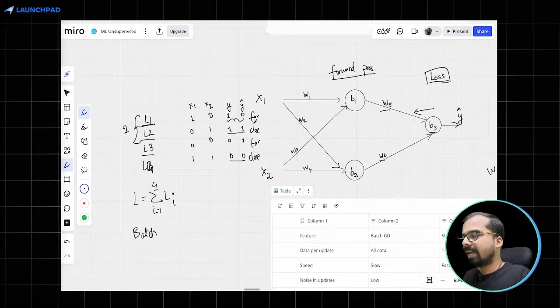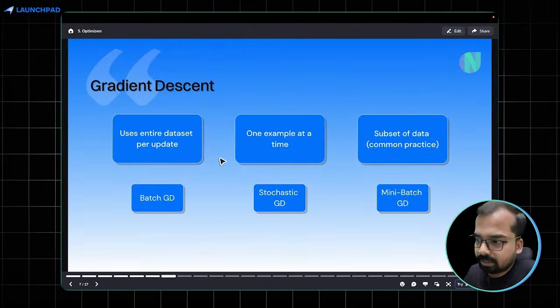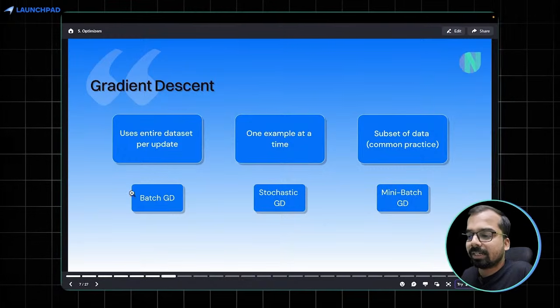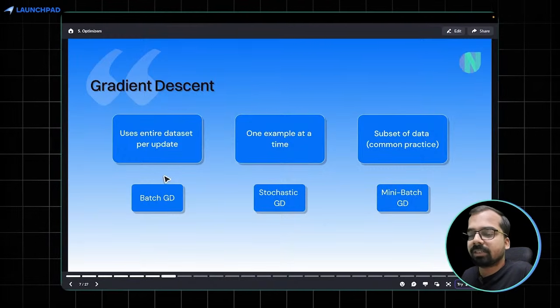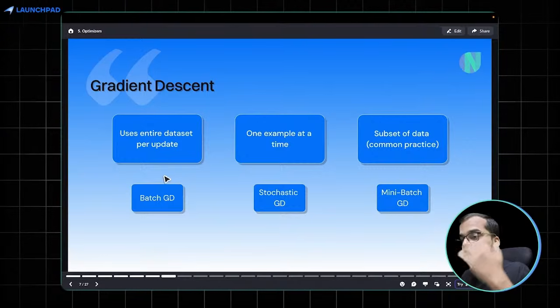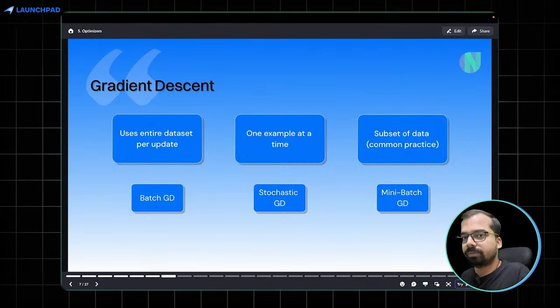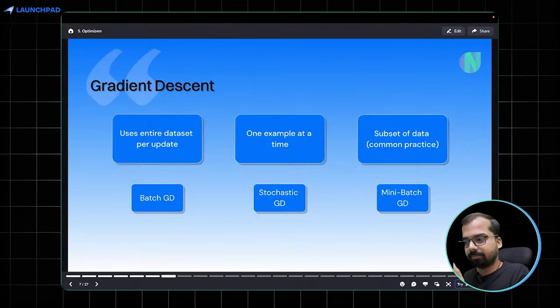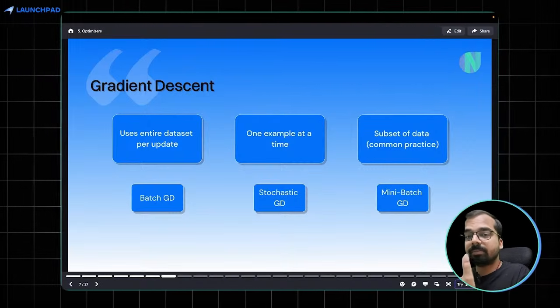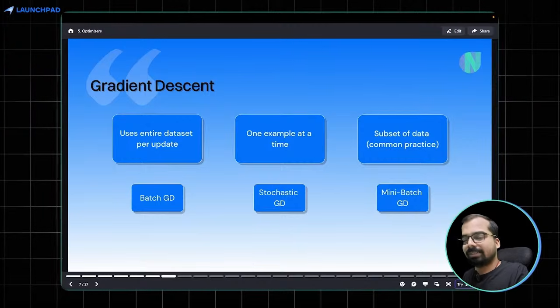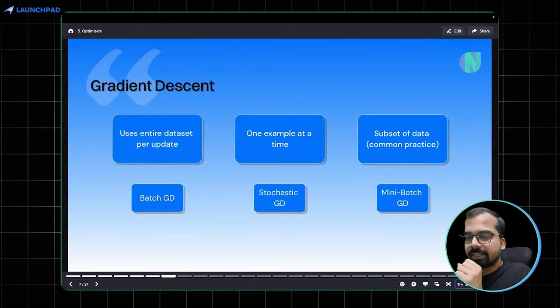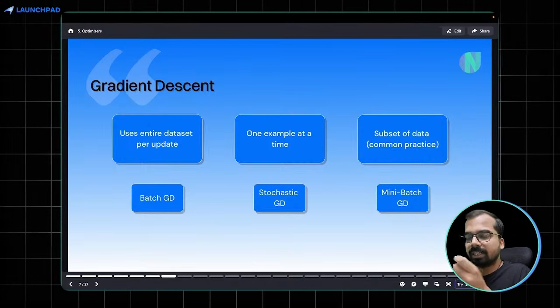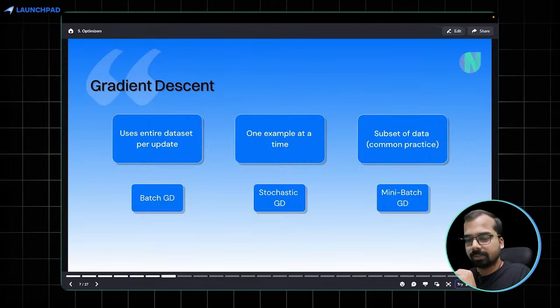Alright. Now why do we have these three variants? See, batch gradient descent might not be computationally possible if you have a lot of rows. You will have to first accumulate the losses and then do the update, and it is more memory intensive. Stochastic gradient descent is not memory intensive because it is updating after each pass of your data.